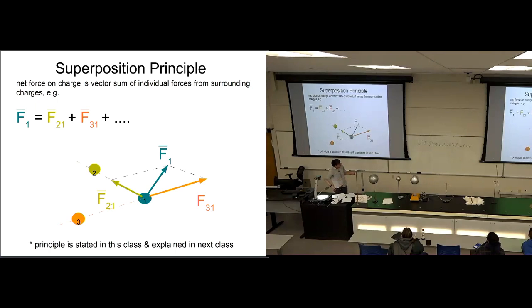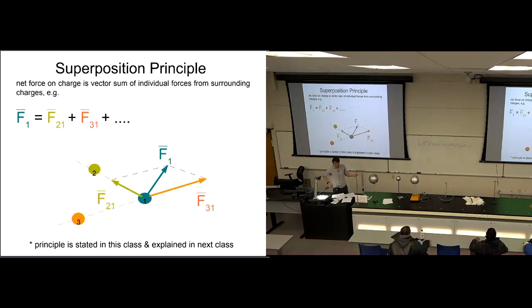Charge number 1 is here. I don't know what color this is. Is this teal or something like that? So this is charge number 1, and then nearby it are charges 2 and 3. In olive here is charge number 2, and in orange here is charge number 3.